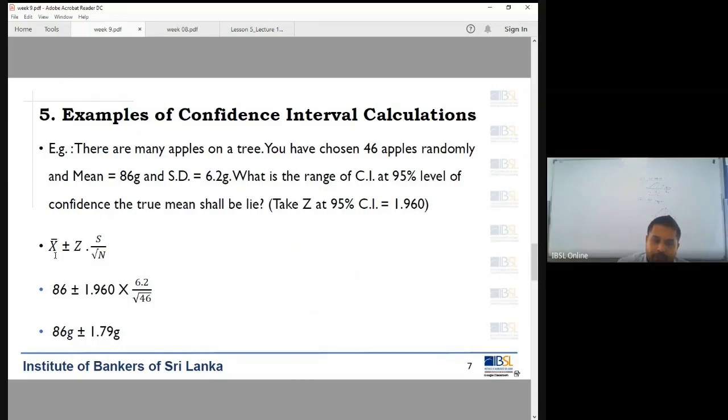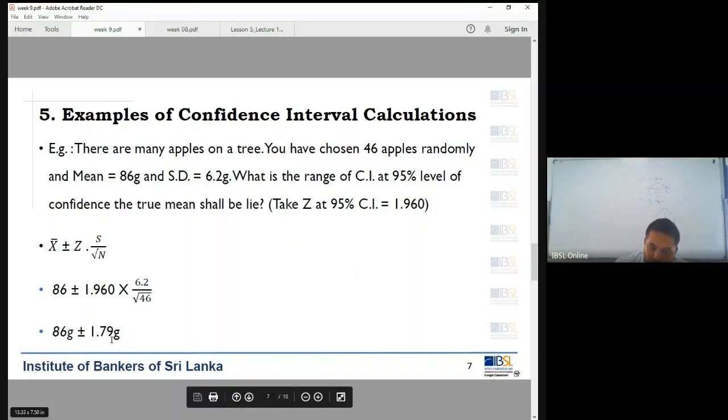So x bar is given, 86 grams. Z you can take from the question, 1.96, or if you really want to, you can use the tables and also calculate. Plus or minus, important, don't miss that. Standard deviation given 6.2 grams, and how many items in the sample? 46. So you have to take the root of 46. This particular margin of error will give you 1.79 grams.